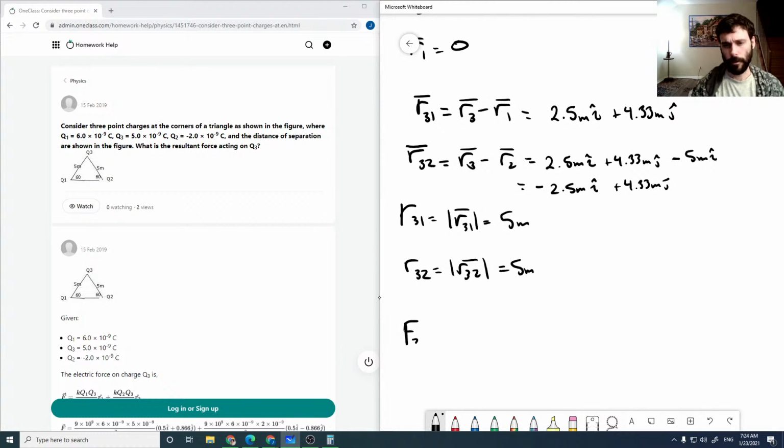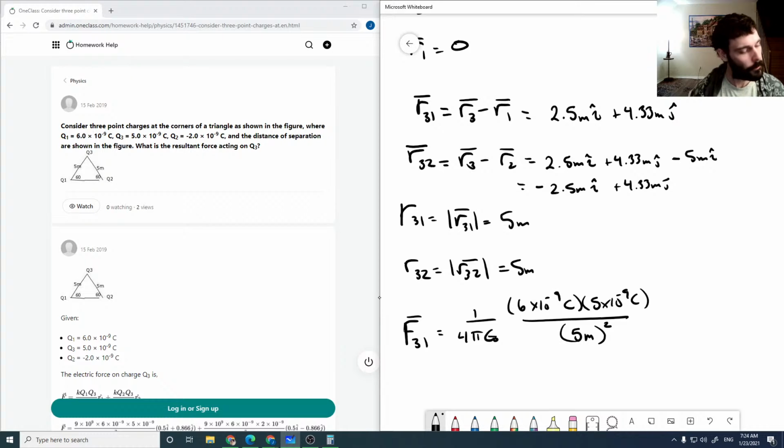So our force on 3 from 1 is 1 over 4 pi epsilon naught times our charges, so 6 times 10 to the minus 9 coulombs, times our Q3, 5 times 10 to the minus 9 coulombs, over our 5 meters squared, times our 2.5 meters i hat plus 4.33 meters j hat.